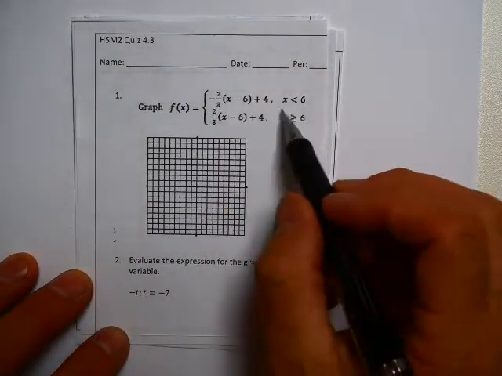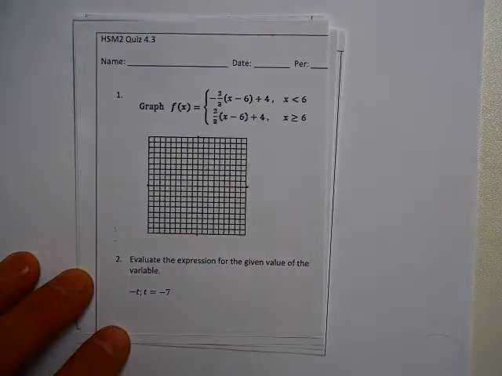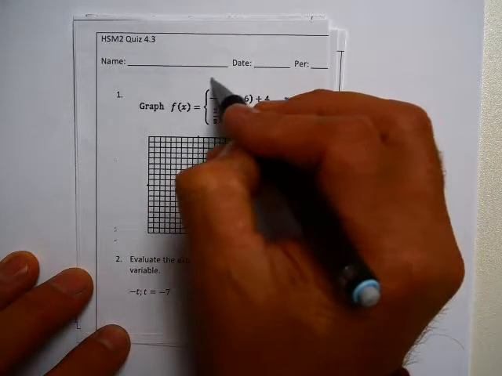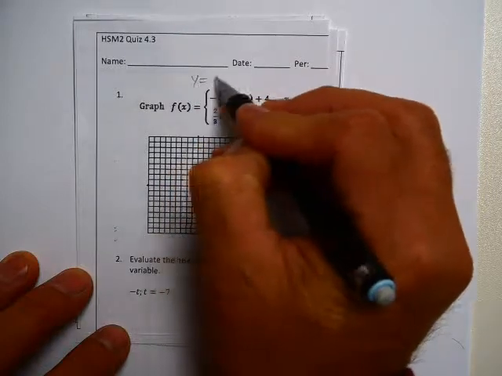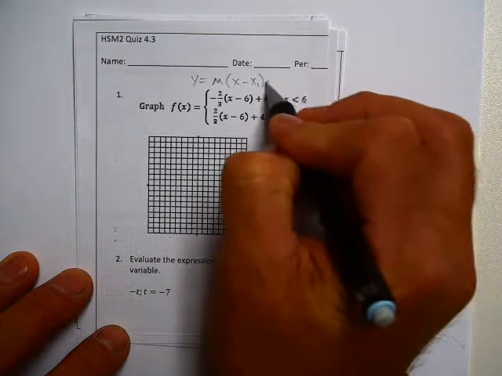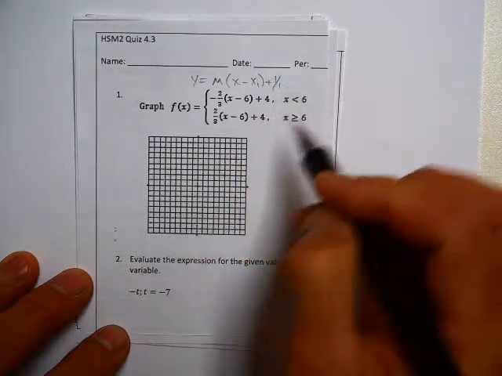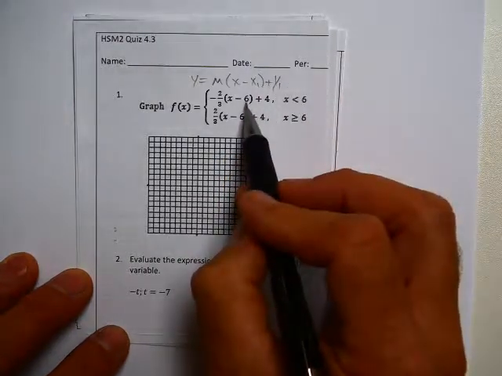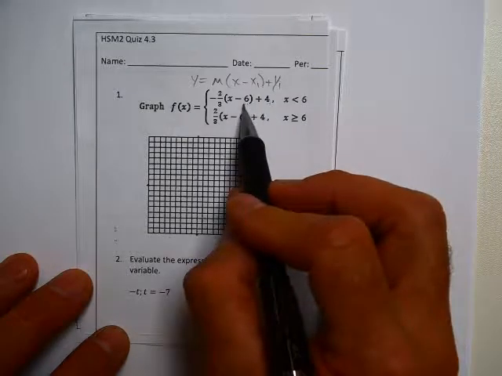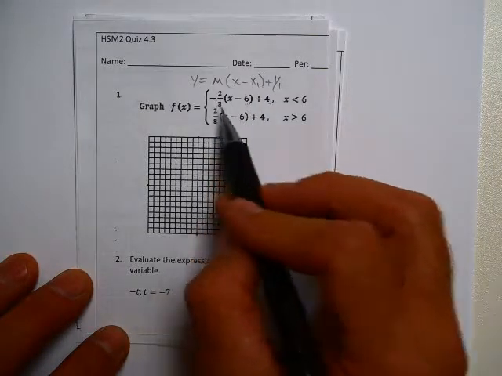This one has a piecewise function, and we could use y equals m times x minus x1 plus y1, because we've talked pretty extensively about this being a point on the graph, and this is the slope.